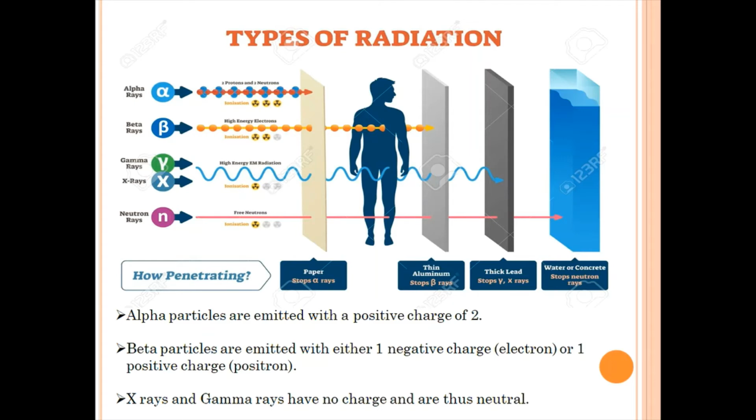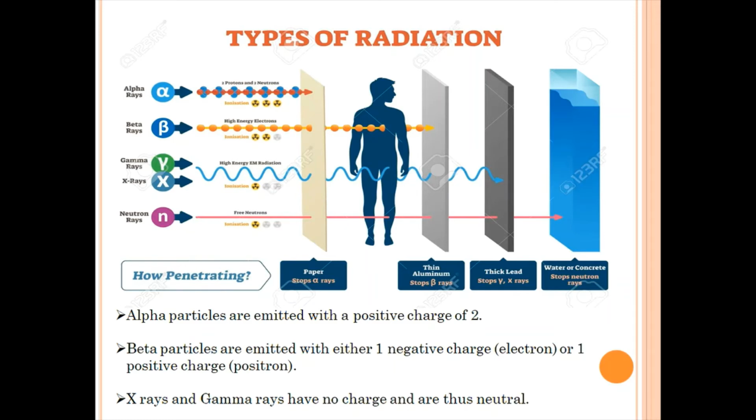Radioactive nuclei can emit several kinds of particles. There are three primary types. The first one is alpha particles, then beta particles, and the last one is photons, which are either X-rays or gamma rays. Several properties distinguish those particles from one another.